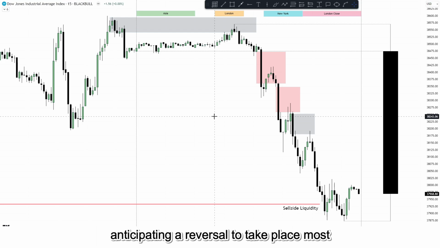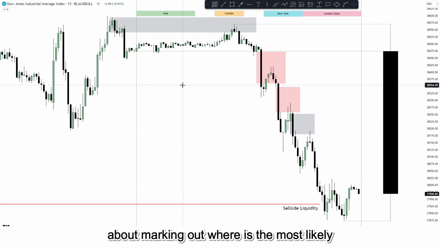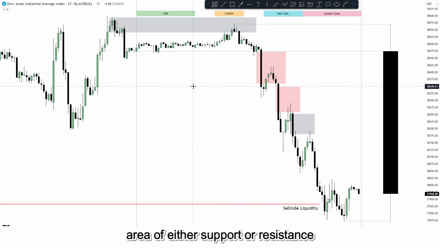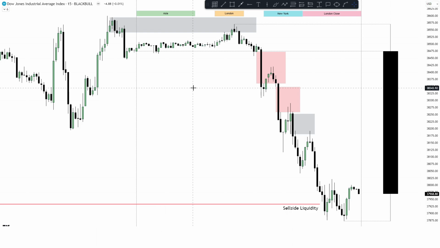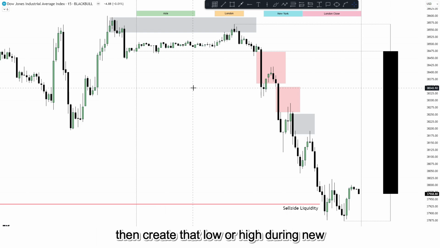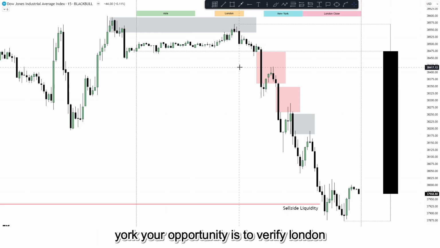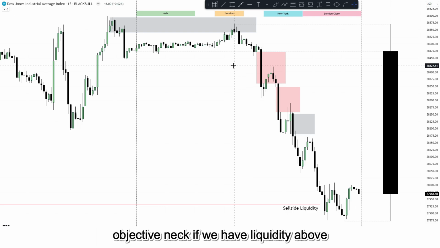London session will be anticipating a reversal to take place most of the time. So during London session, it's about marking out where is the most likely area of either support or resistance to then create that low or high. During New York, your opportunity is to verify London creating that low or high and where is the objective next. If we have liquidity above us that we have not met, we can anticipate a continuation higher, reach up into that liquidity pool for that New York continuation.